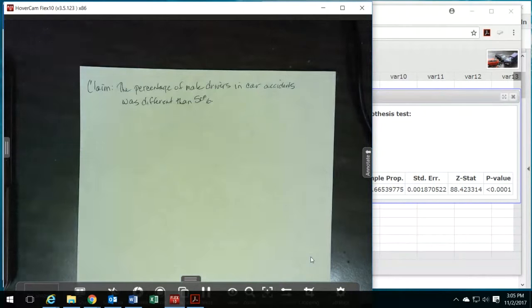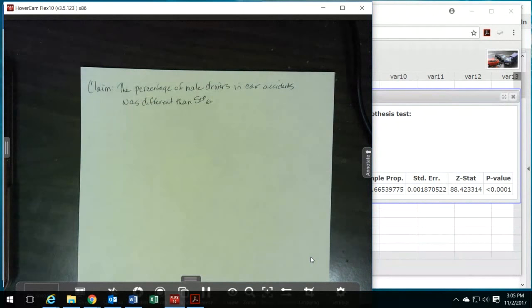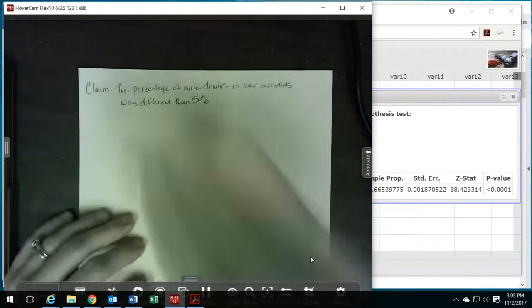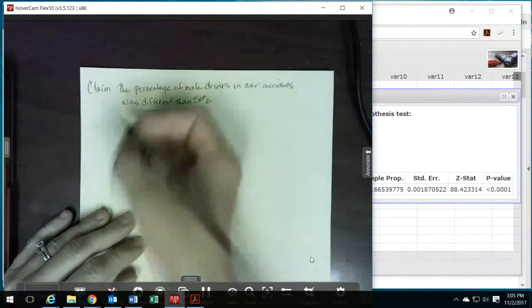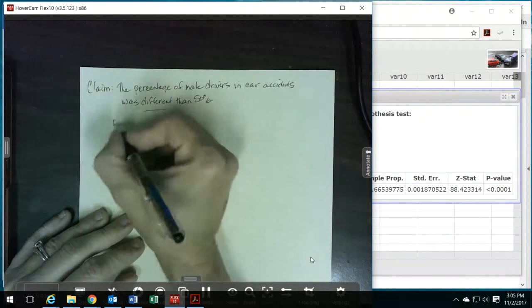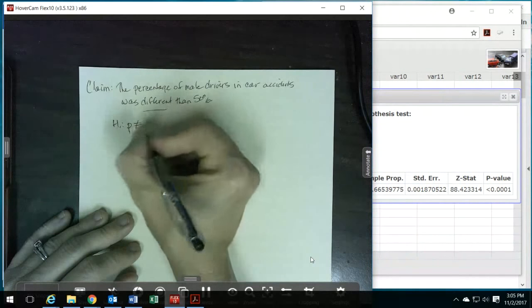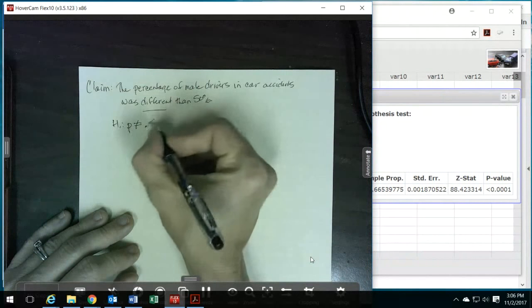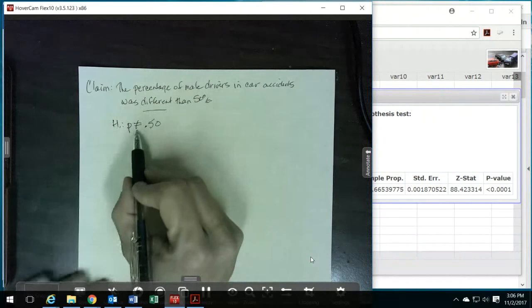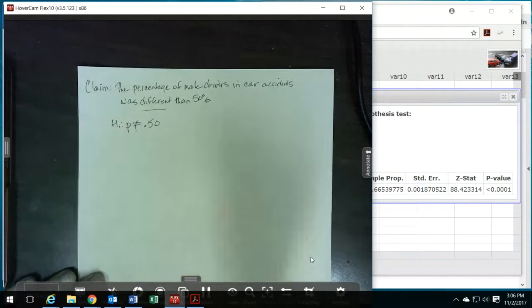So if we're just saying, well, we don't know if it's 50% or not, we don't know whether it's more or less, then we can just say it's different. And the difference this makes is in your alternative hypothesis, this means that you have a two-tailed test. You have a not equal to. So instead of having a greater than or a less than, here you have a not equal to.